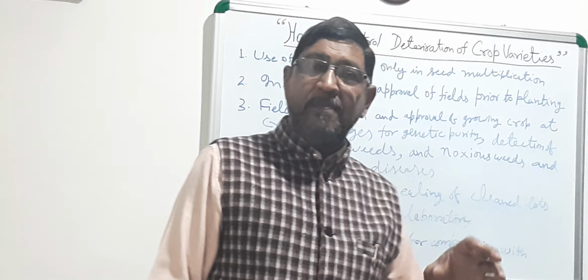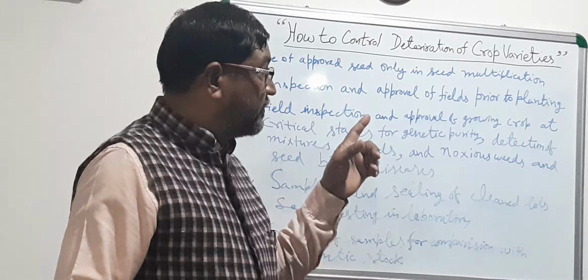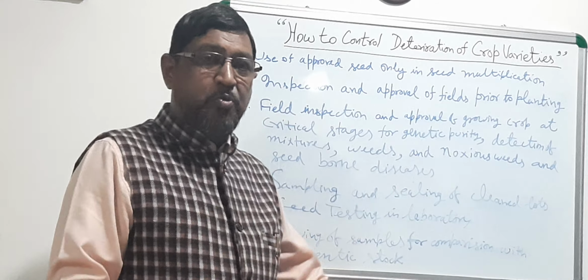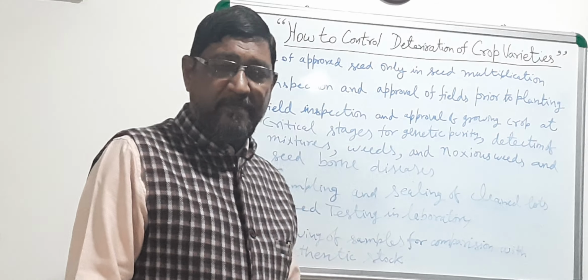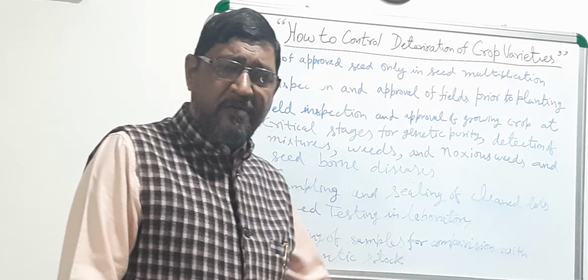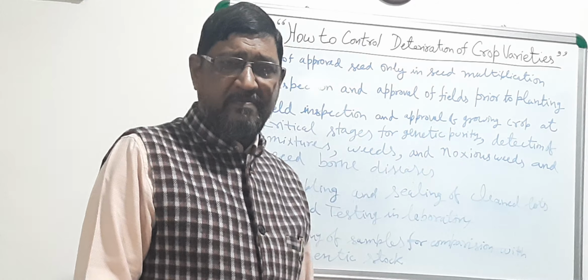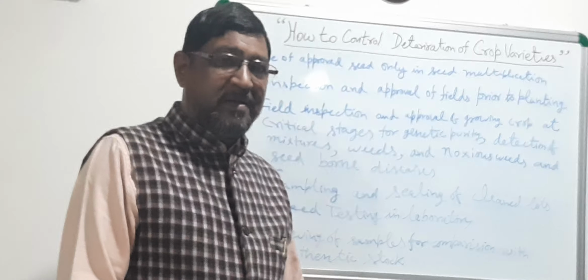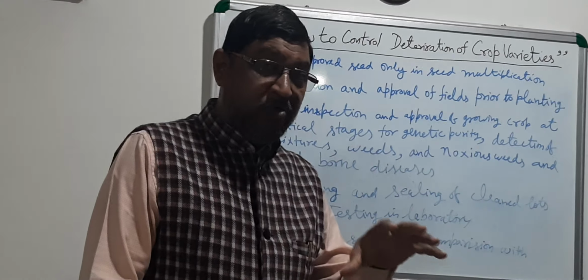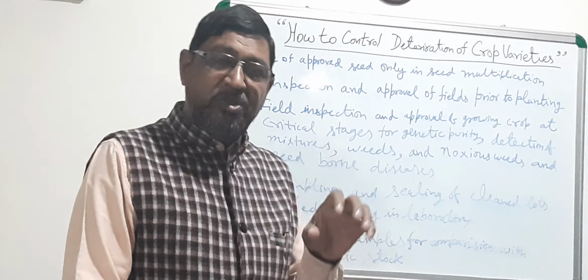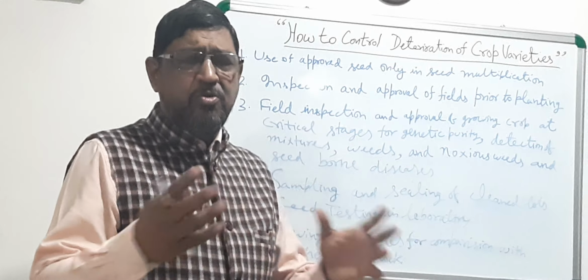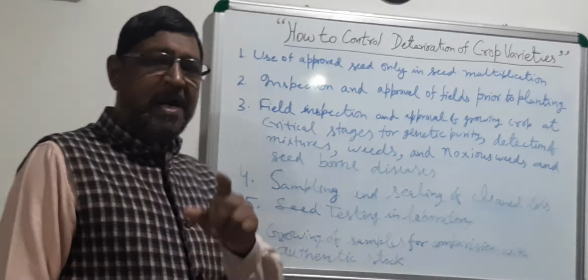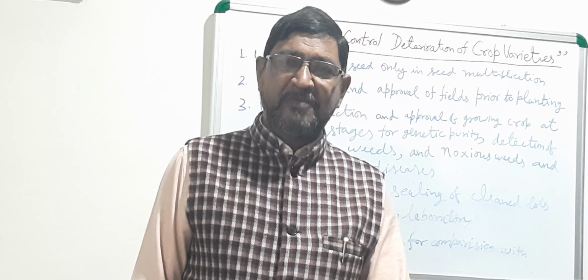You must have a field where the implements and equipment can reach properly for sowing, harvesting and other things. Is your field such that quality seed can be produced? Is it fertile? All those things are seen by the inspector, and then they approve the field prior to planting for quality seed production.